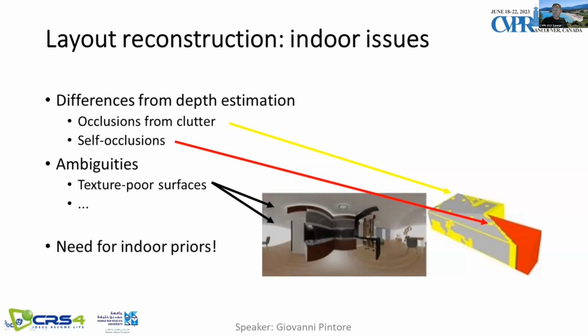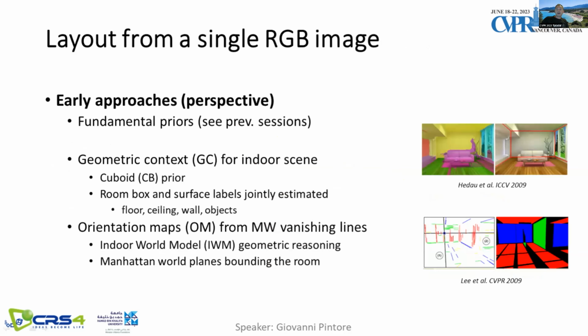As we have seen in the previous session, we are going to combine deep learning methods with geometric priors. So we start from the basics, from the early methods. As usual, many fundamental priors, in fact, come from early perspective approaches. Two main concepts in this regard are the geometric context and the orientation maps.